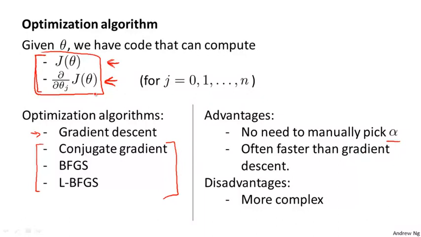And in fact, they have a clever inner loop called a line search algorithm that automatically tries out different values for the learning rate alpha and automatically picks a good learning rate alpha, so that it can even pick a different learning rate for every iteration, and so then you don't need to choose it yourself. These algorithms actually do more sophisticated things than just pick a good learning rate, and so they often end up converging much faster than gradient descent.